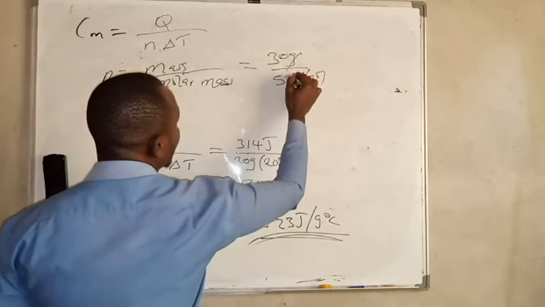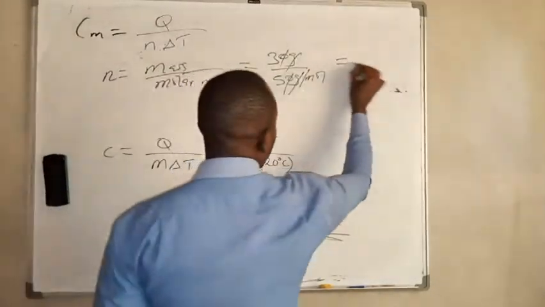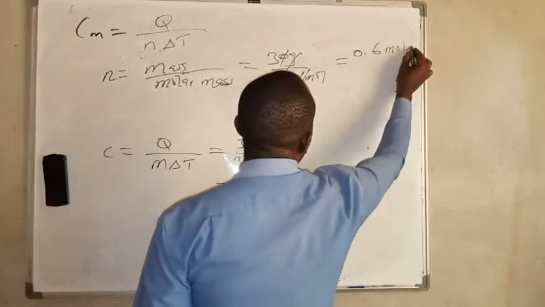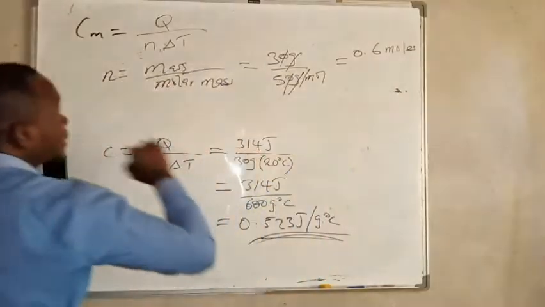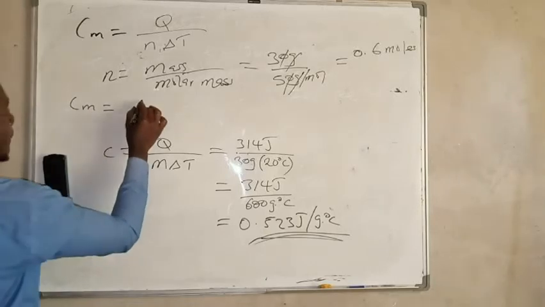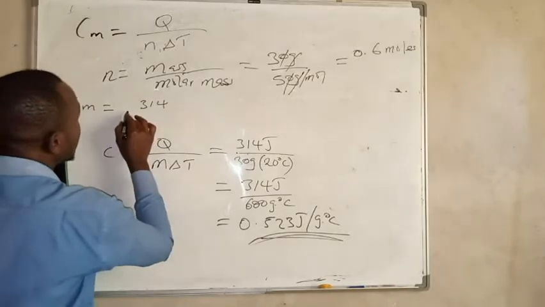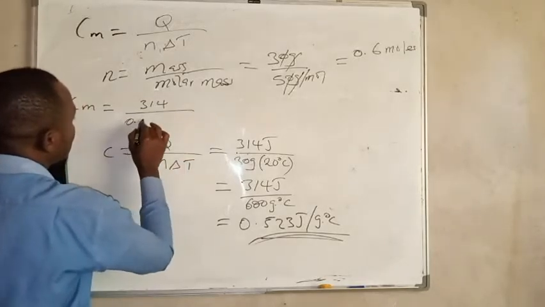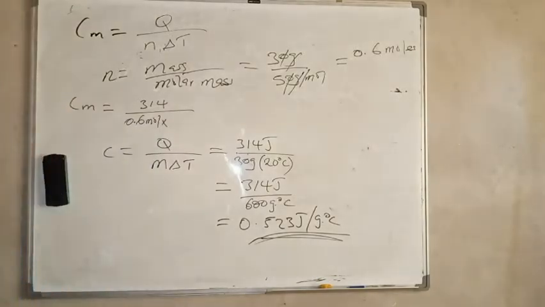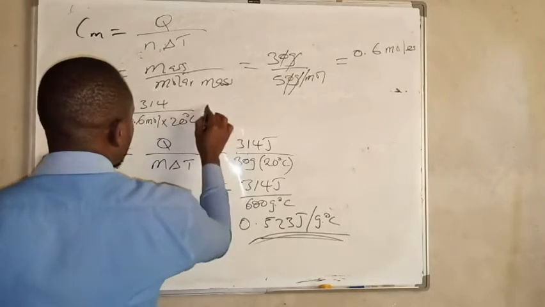Gram and gram will cancel, so what we're going to have here is 0.6 moles. So our C molar will be 314 divided by 0.6 moles times the change in temperature, which is simply 20 degrees Celsius.